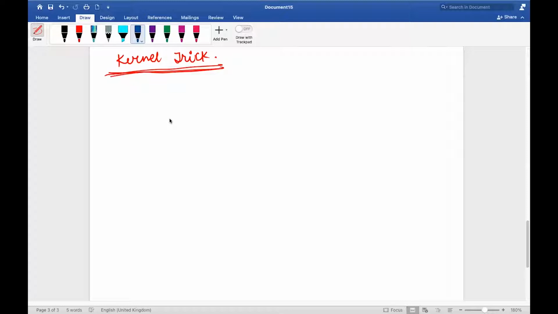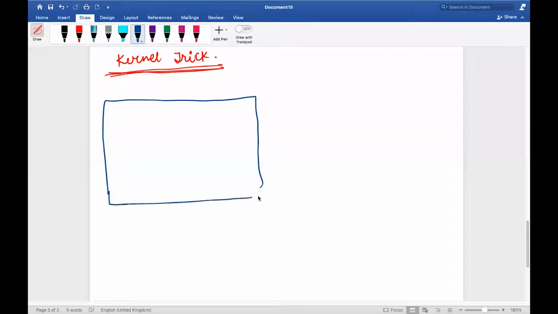Okay, so first of all, I'll give you the transformation. Let's say there are points in 1-dimensional space. Let me draw it here. Now let's say this is 1-dimensional space.